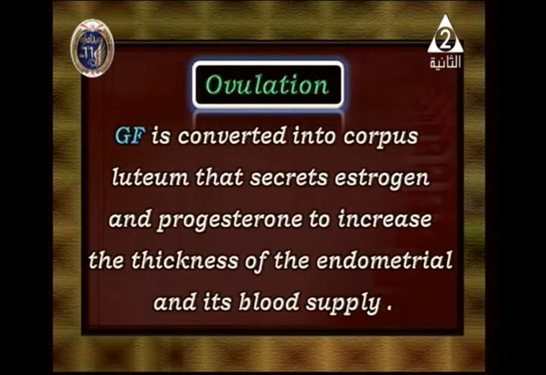As we said, the endometrium is the inner wall that lines the uterus. So the Graafian follicle converts into the corpus luteum that secretes both hormones, estrogen and progesterone, to increase the thickness of the endometrium and its blood supply.